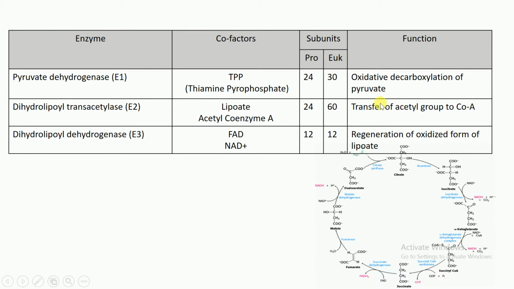Its function is to transfer the acetyl group to coenzyme A. And the third enzyme, dihydrolipoyl dehydrogenase, has FAD and NAD+ as cofactors. In both prokaryotes and eukaryotes, there are 12 subunits of this enzyme. The function of this enzyme is to regenerate the oxidized form of lipoate.